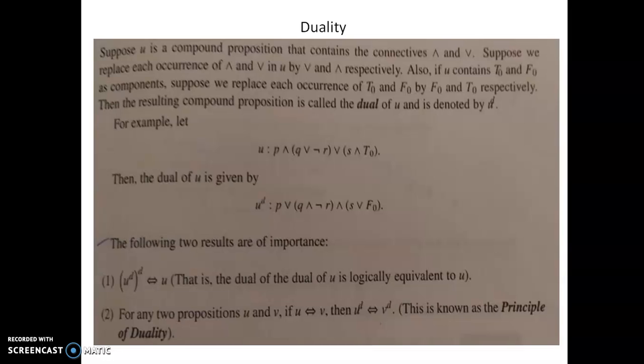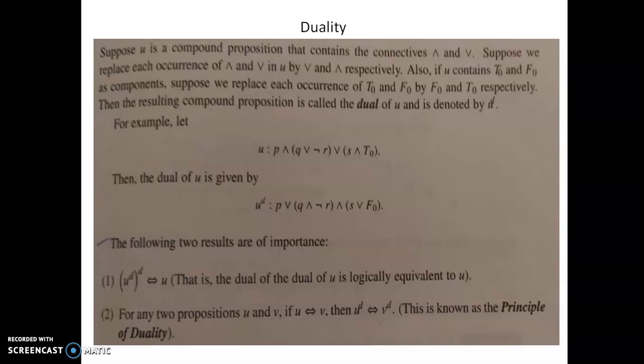Well, then the next concept. Suppose U is a compound proposition that contains the connectives and, or. Suppose we replace each occurrence of and, or in U by or, and respectively.